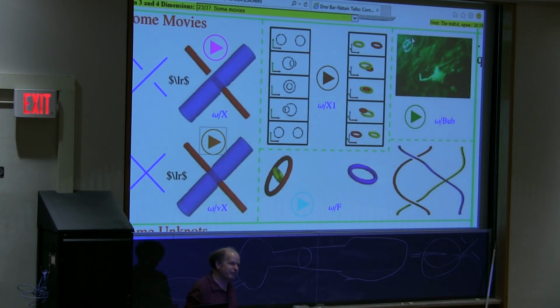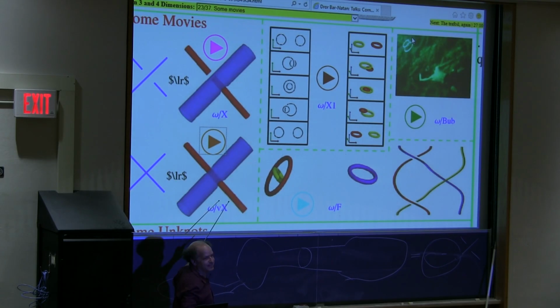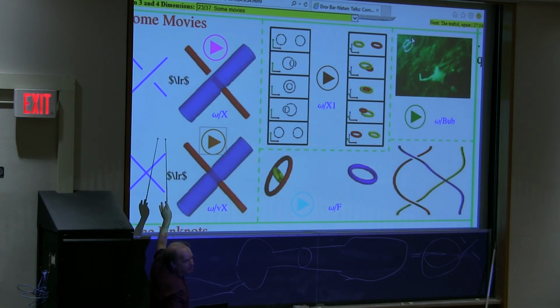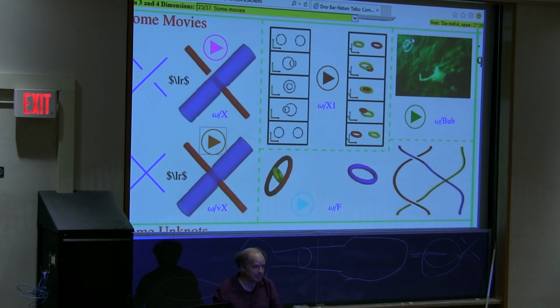And there is a funny thing here. You can denote these four-dimensional scenarios by completely two-dimensional pictures. When I write a two-dimensional crossing, of course I can interpret it in 3D as a crossing of two strands, of two wires.